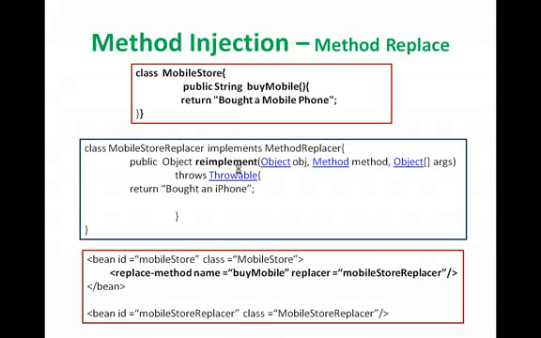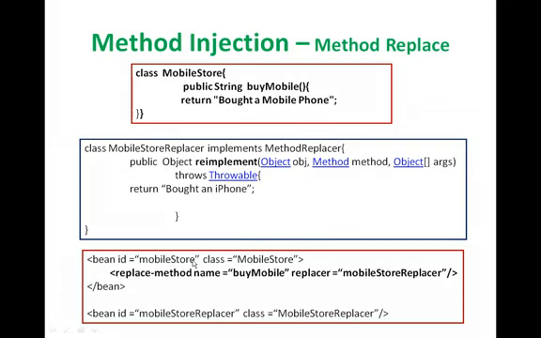Let us talk about this with an example. I have a class known as MobileStore, and a method known as buyMobile. I'm returning the string "bought a mobile phone", but I want it to return an iPhone. So I have implemented a new class which implements MethodReplacer, with a reimplement method which returns the "bought an iPhone" statement.